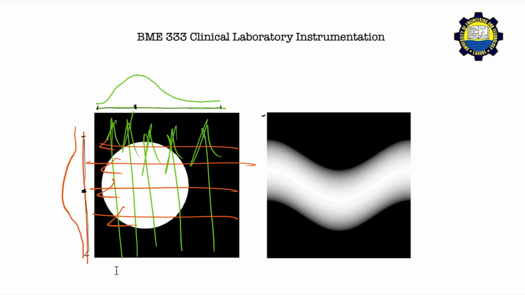If it is probably centered here, this is probably the orange projection, and the green projection is probably this one, which is centered slightly towards one end. So that's one way to understand how image reconstruction works with the help of the radon transform. So you get a radon transform, you could perform inverse radon and get the original image back.